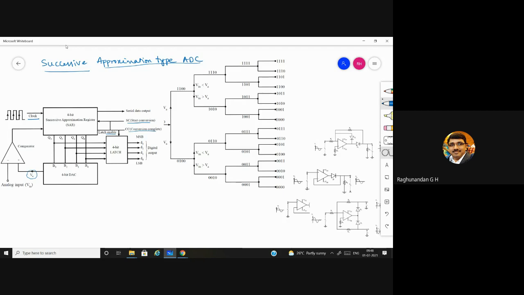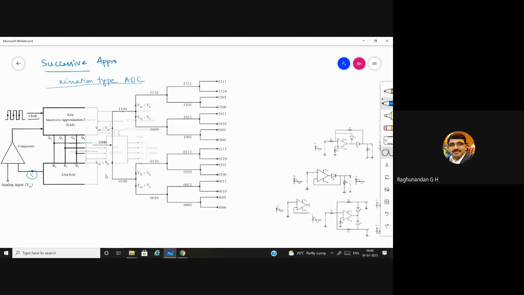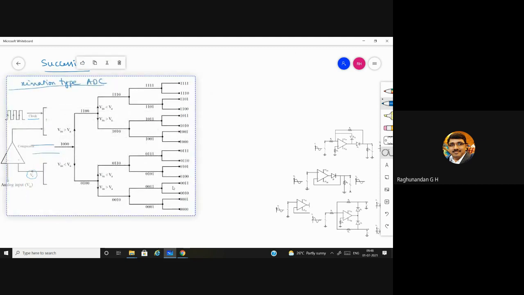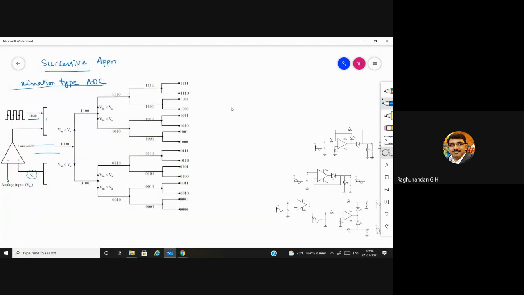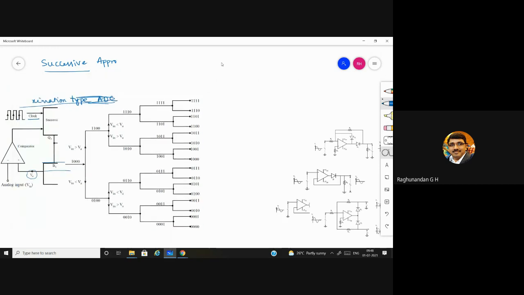Along with that, the start conversion is also necessary. Now, coming to the tree diagram, where we are going to understand how it actually converts.